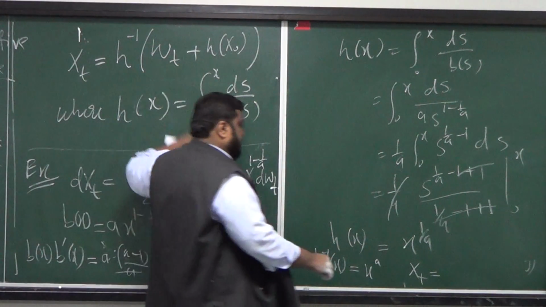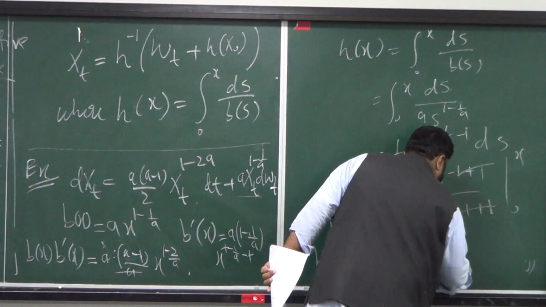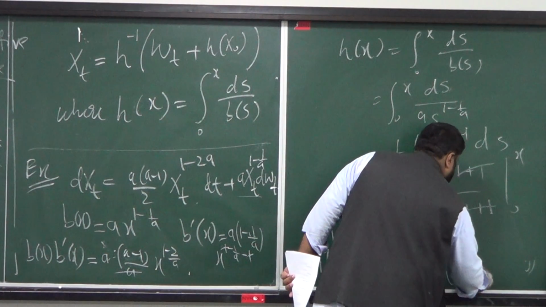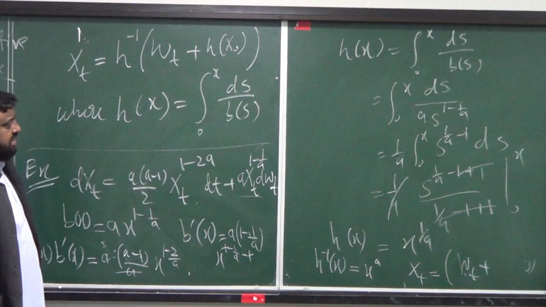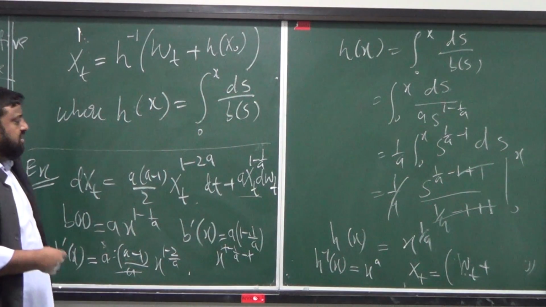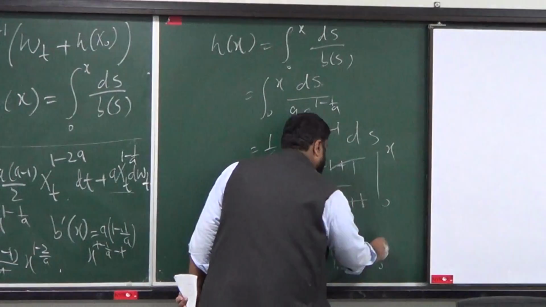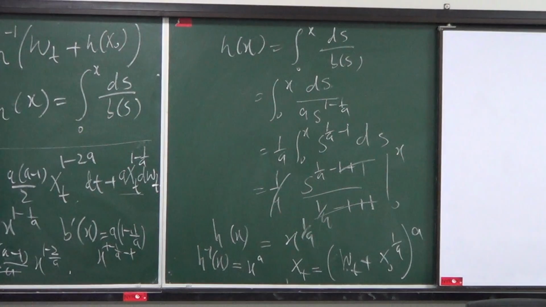So this is going to be W_t plus h of x naught, so it's going to be x naught raised to 1 over a, and everything raised to a. So that would be really the solution. Is it making sense? Okay.